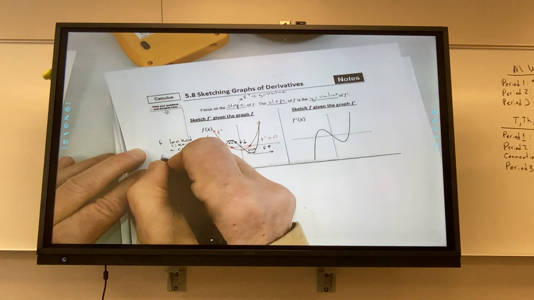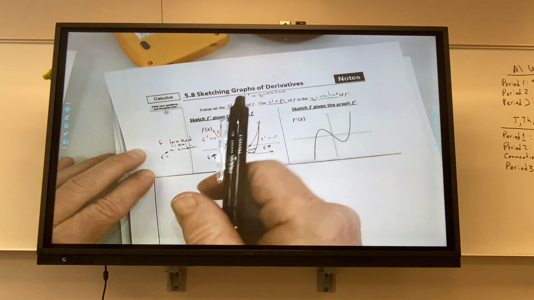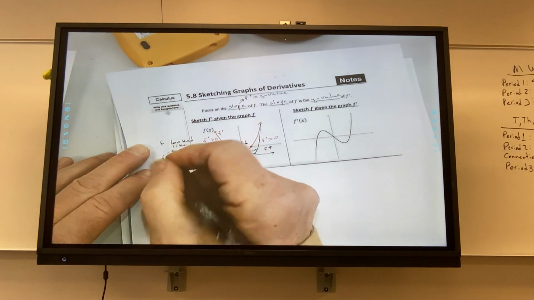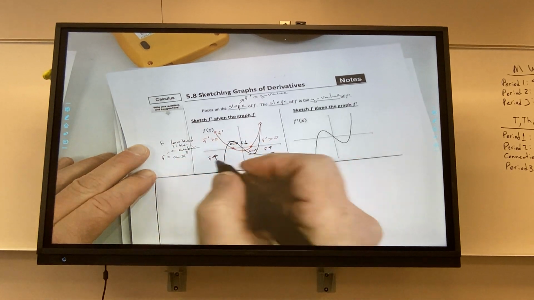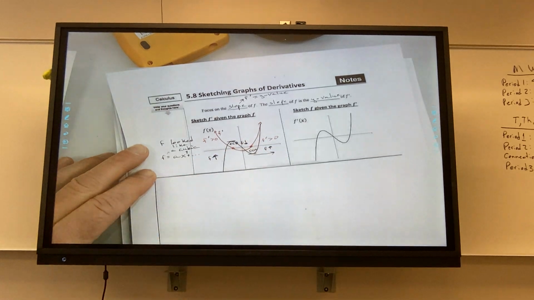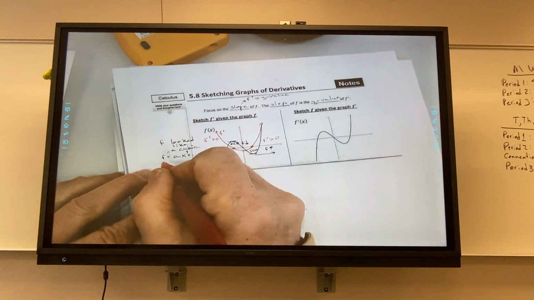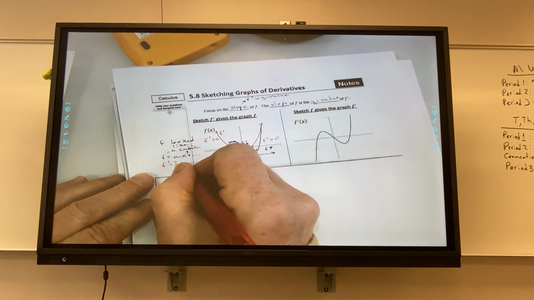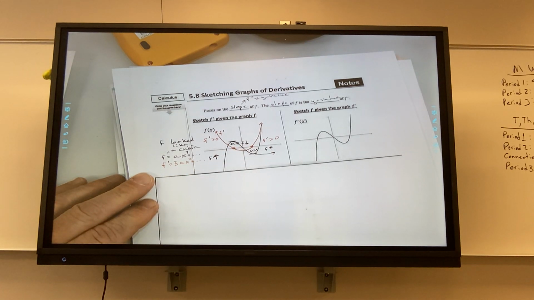So f has to be something, some coefficient with x cubed, with a bunch of stuff after it, right? That means its derivative would be 3ax squared plus a whole bunch of stuff after it, right?